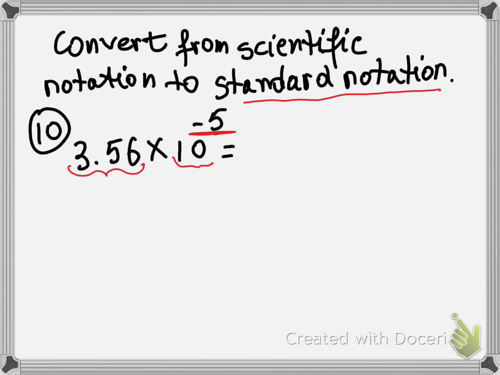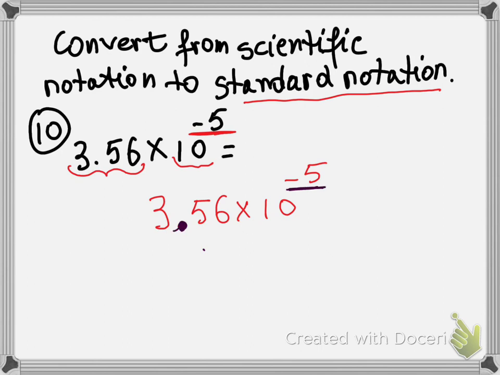So I'm going to rewrite this again so I have room. 3.56 times 10 to the negative 5. So here's the decimal point. I'm going to move the decimal point 5 units to the left.